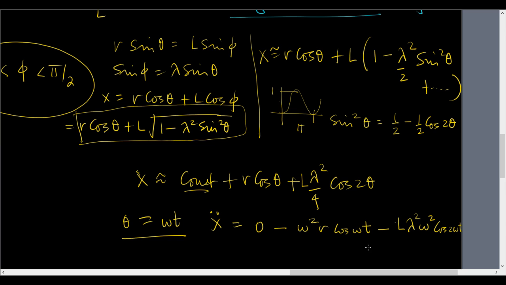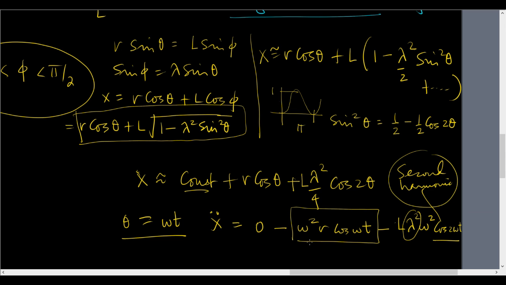The main point being, this is small and it is the second harmonic. There are ways to balance that, but we will focus only on this part.